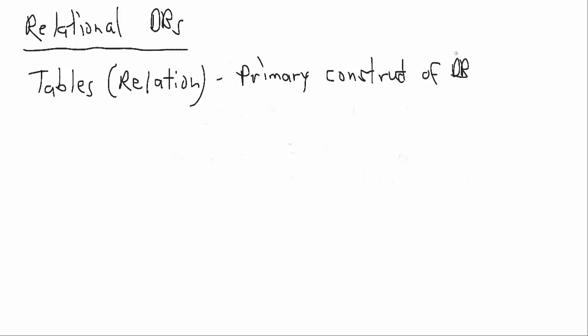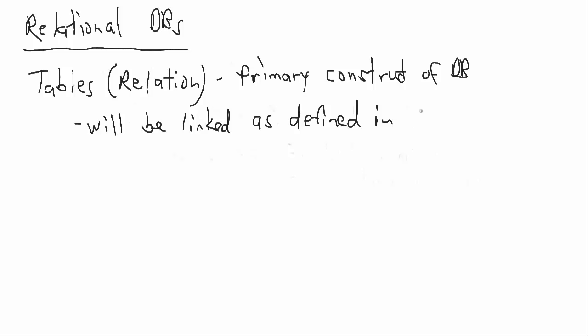The tables are where we're going to store data in a format that looks a lot like a spreadsheet. And each of these tables will represent a class from our UML class model or some kind of a relationship between those classes. Tables will be linked as defined in the class model.